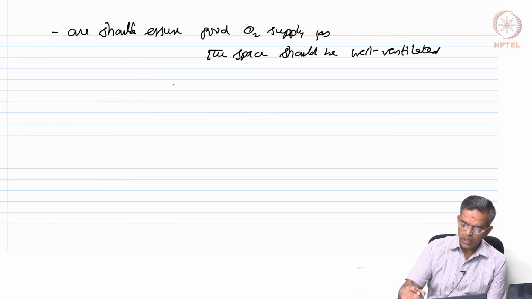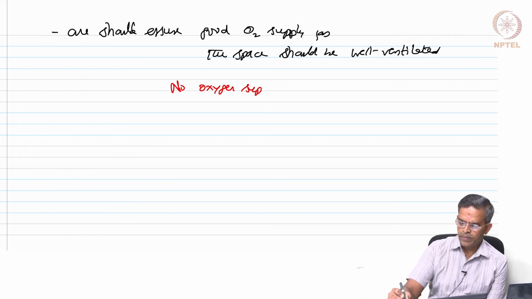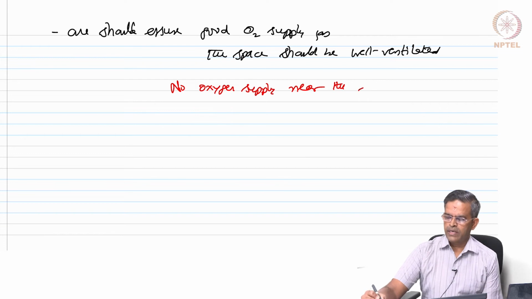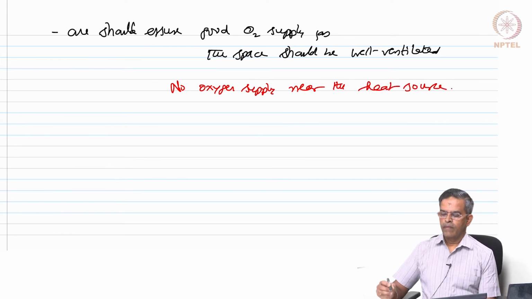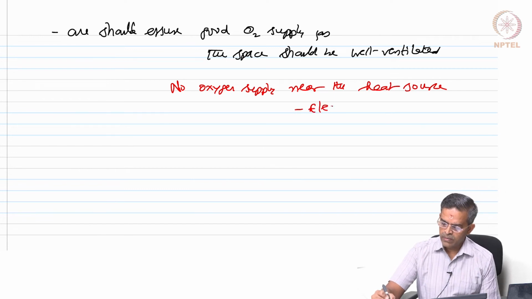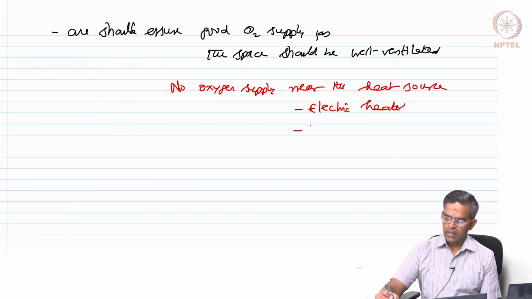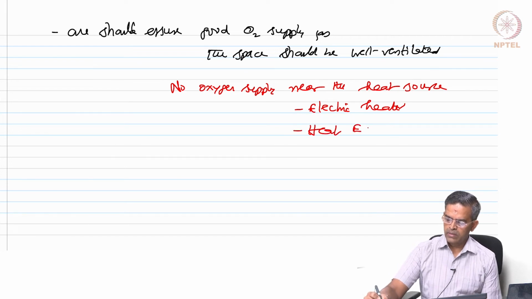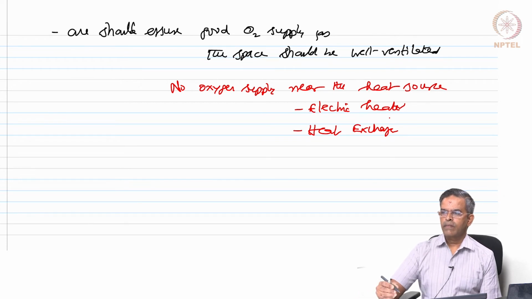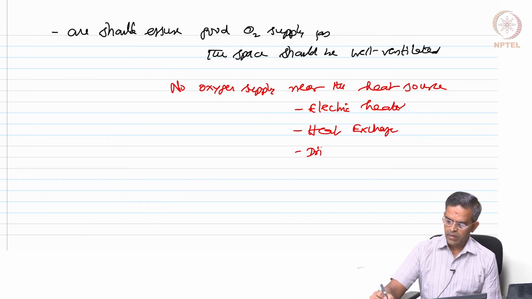But importantly, no oxygen supply near the heat source, near the electric heater, near the heat exchanger, near the drilling controller.